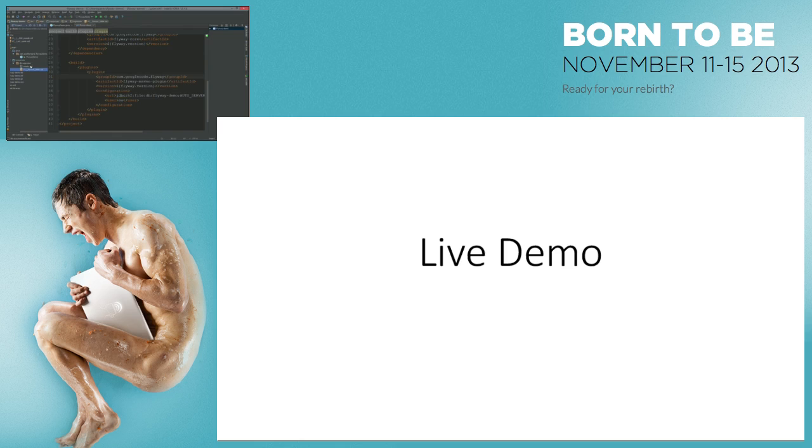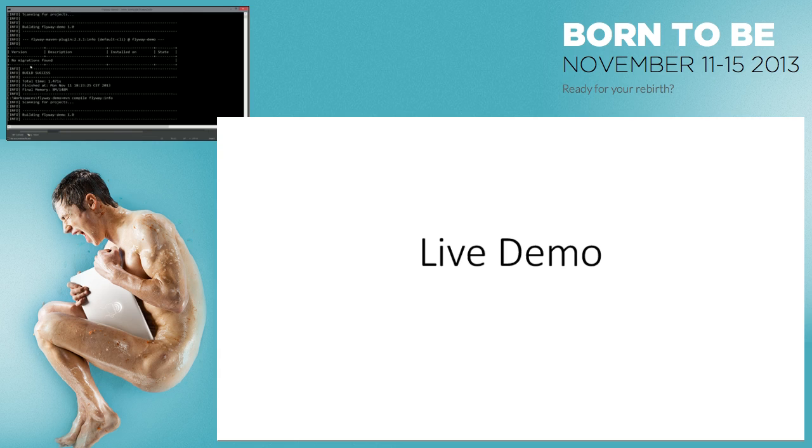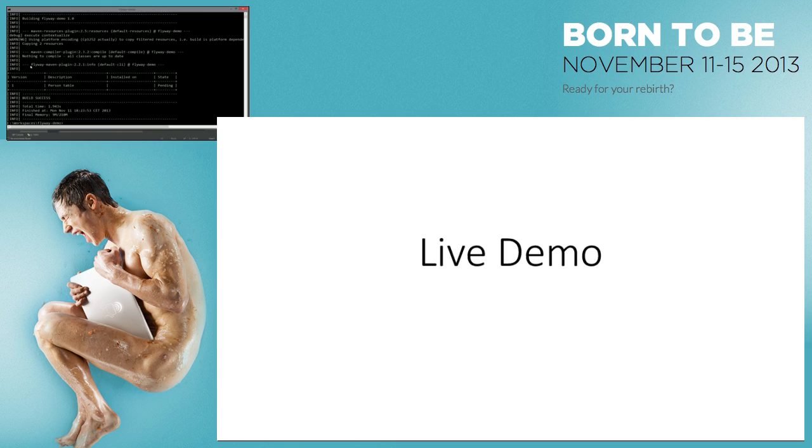So I'm dragging the first one in, and let's have a look again. So I have to run compile as well to make sure it gets copied over to the target folder, and we run Flyway info. There we go. So it now found one migration, which is pending.